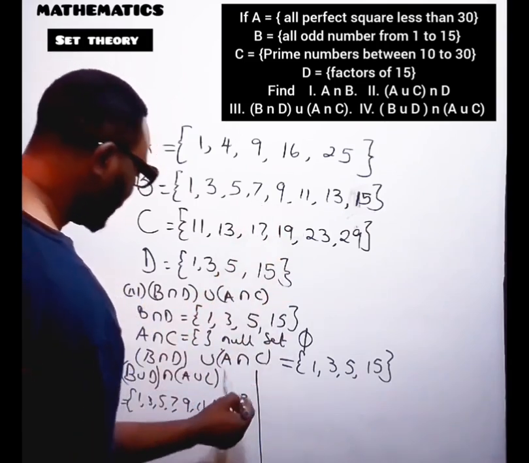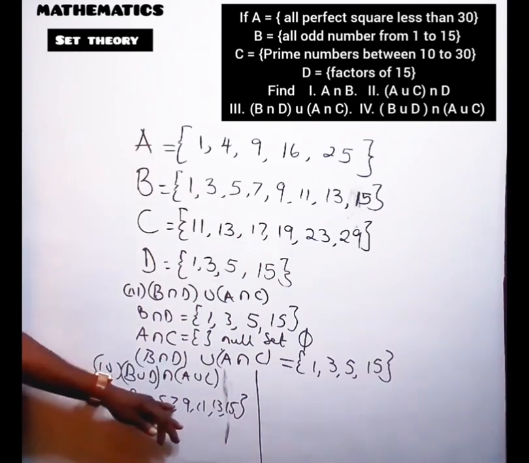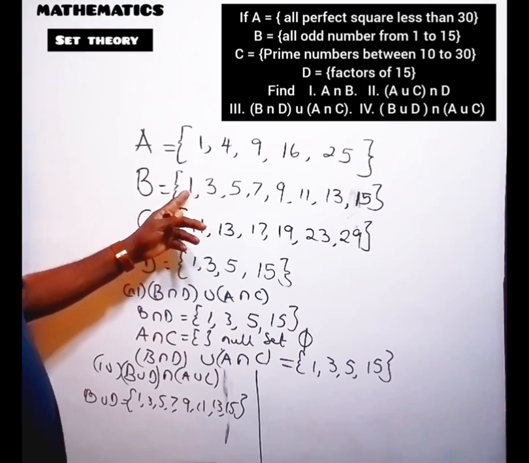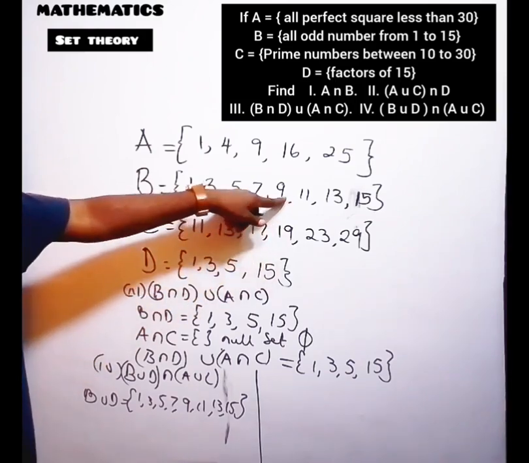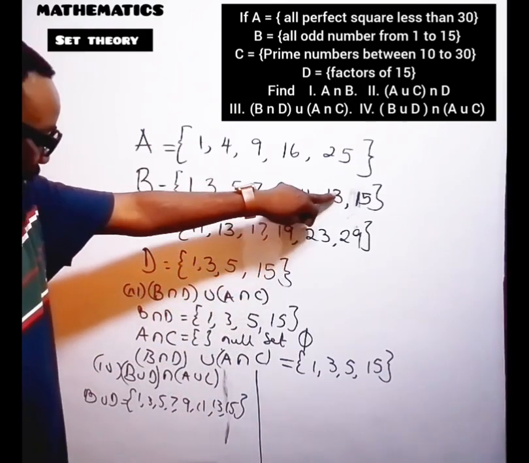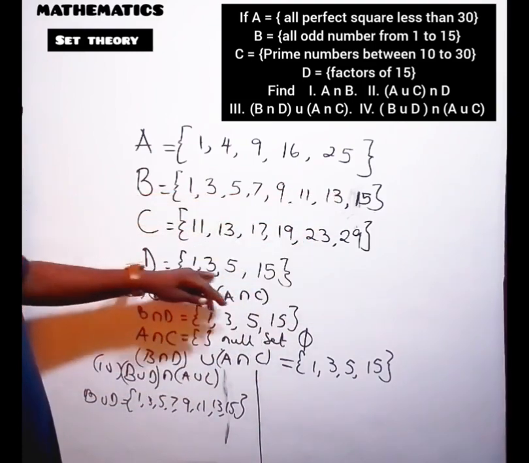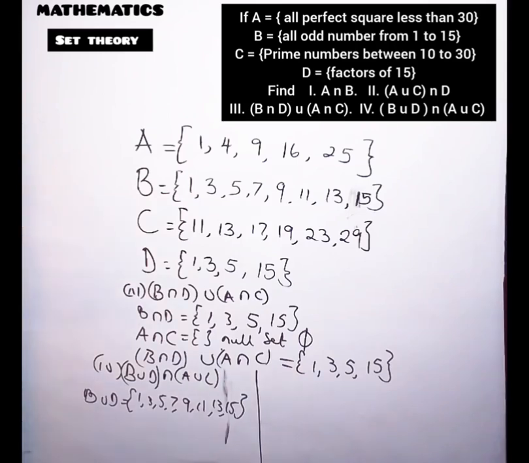So that is B union D: 1, 3, 5, 7, 9. Look at the value there, 1, 3, 5, 7, 9, 11 is here as well, 13, 15. And this one is 1, 3, 5, 15. So I think that is in order.